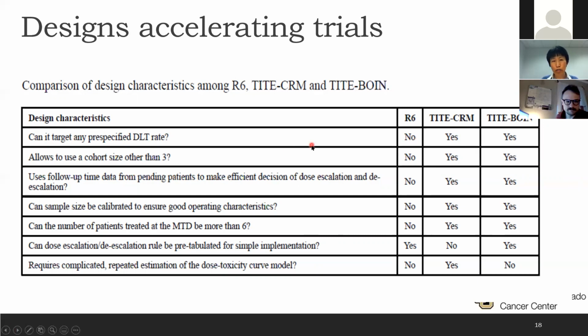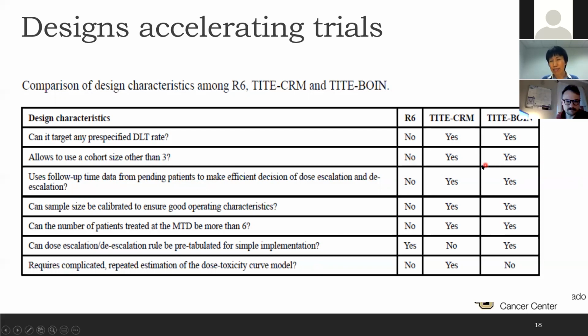However, that's not true for the time-to-event CRM and time-to-event BOIN designs. We need to specify a DLT rate before we start designing the trial. Is it allowed to use a cohort size other than 3? The rolling 6 allows 3 or 6, but there's no other choice for the cohort size.